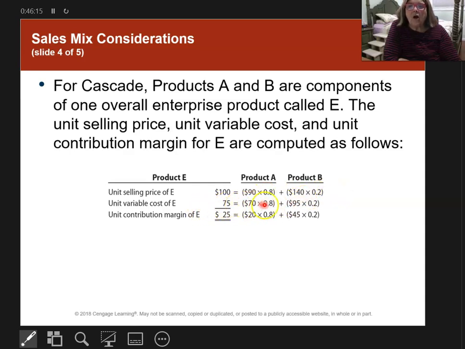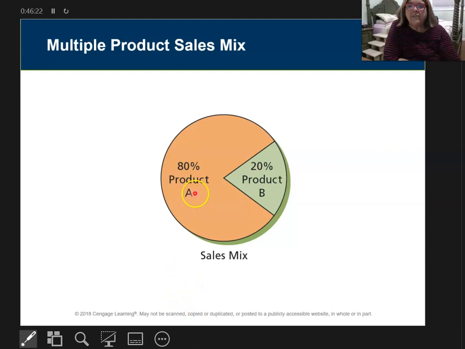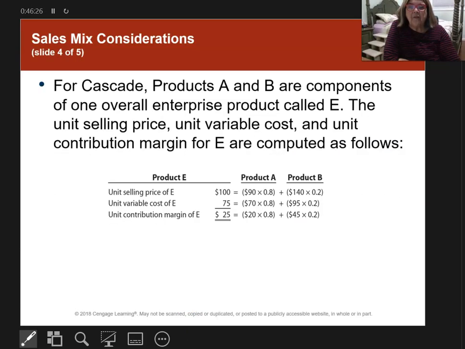Here's my variable cost, because I have the 80-20, which was the percent breakdown that we looked at right here. A is 80%, B is 20%. So this is how I break down my unit contribution margin of the third line that I'm making.